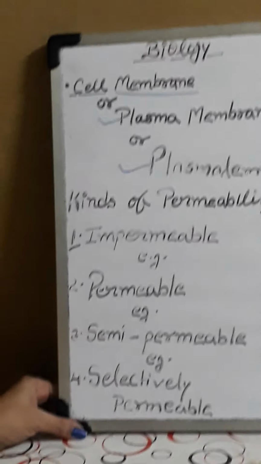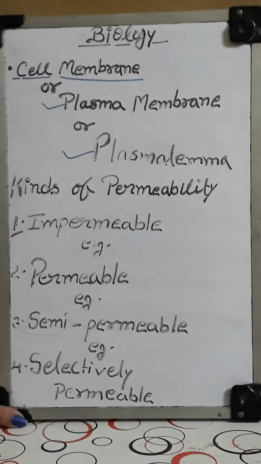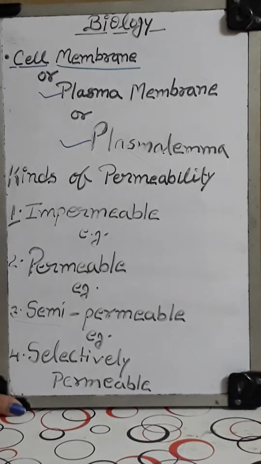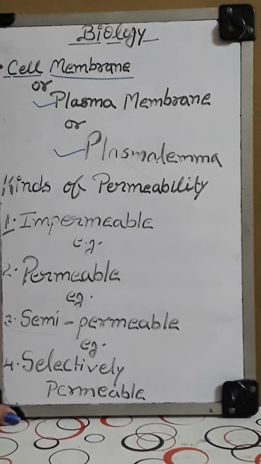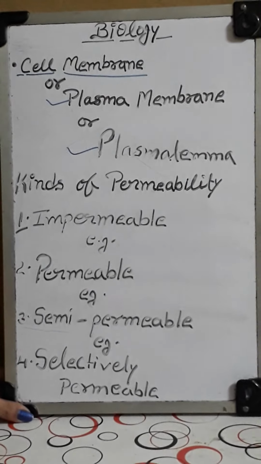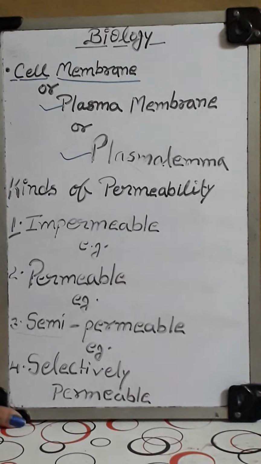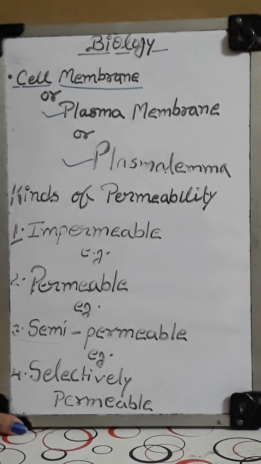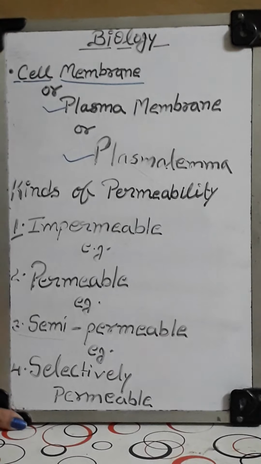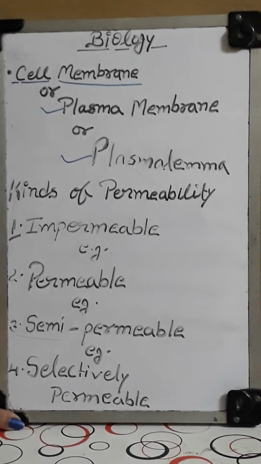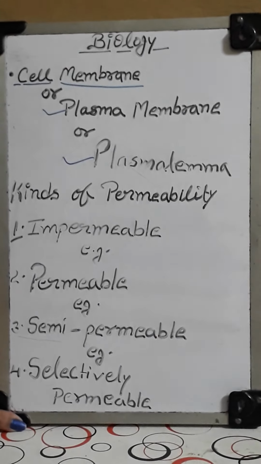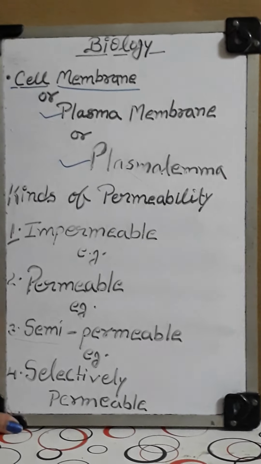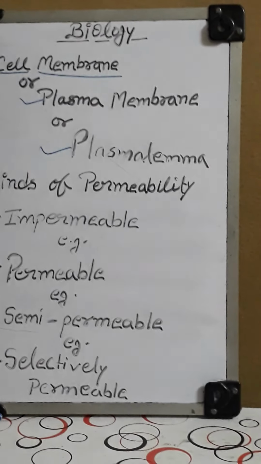The plasma membrane is so thin that it cannot be observed under a light microscope. It cannot be removed without killing the cells, as it plays a vital role in maintaining the cell in a stable state.